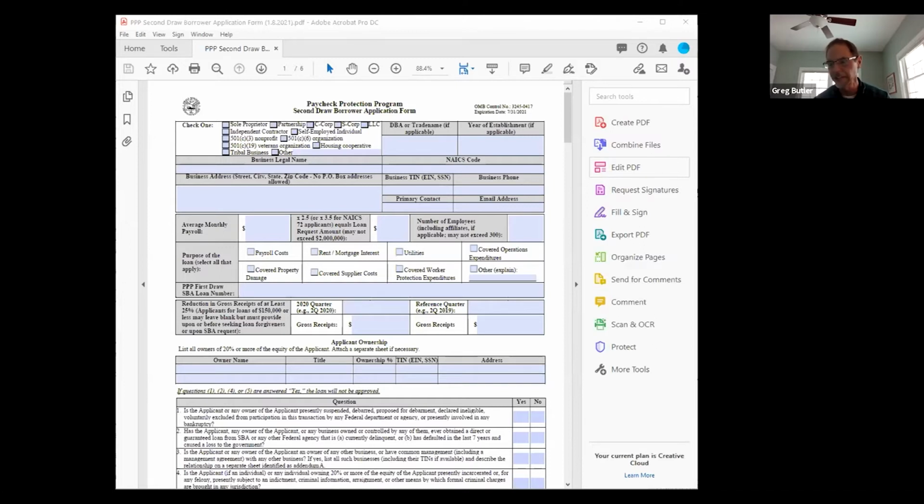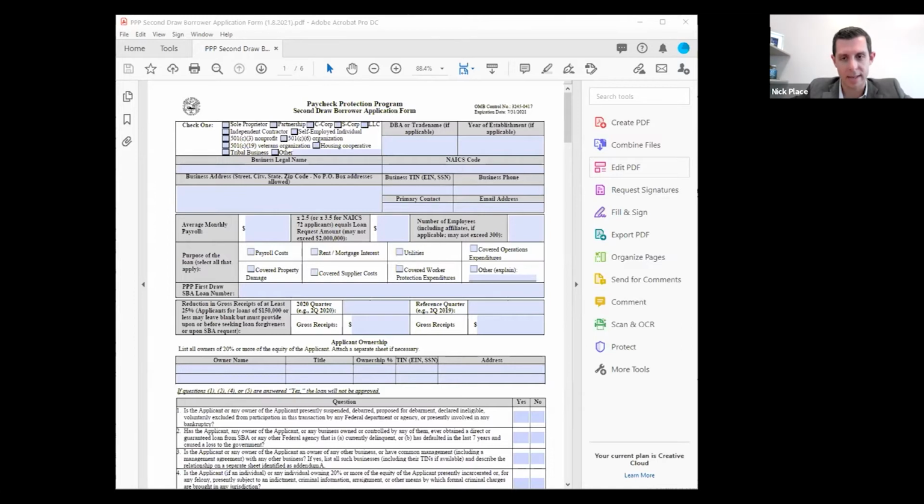And I think yesterday it opened up because in certain situations, first draw borrowers maybe got shorted because the guidance was bad in certain areas, and seasonal employers is one of those. So even if you got a round one, if you're a seasonal employer, you can now go back and recalculate your round one. And if you found out you should have got a bigger number, I think as of yesterday, you can start applying for what we call round one increases.